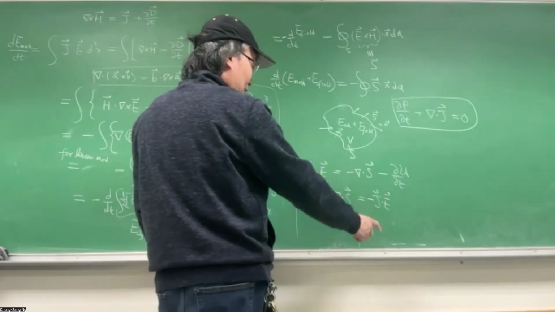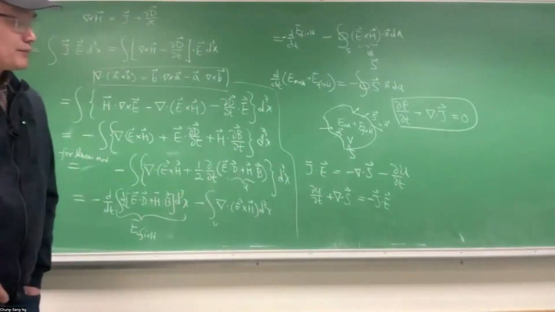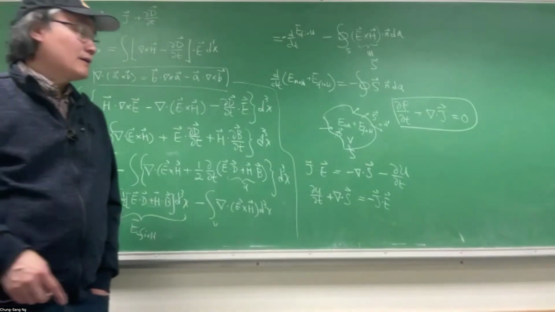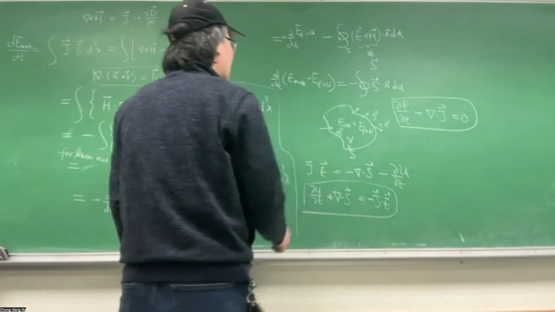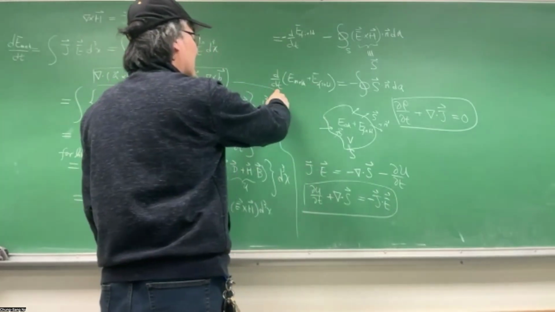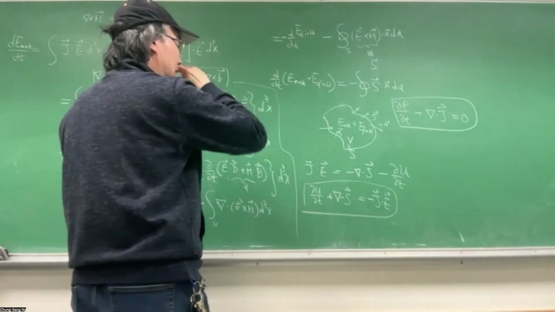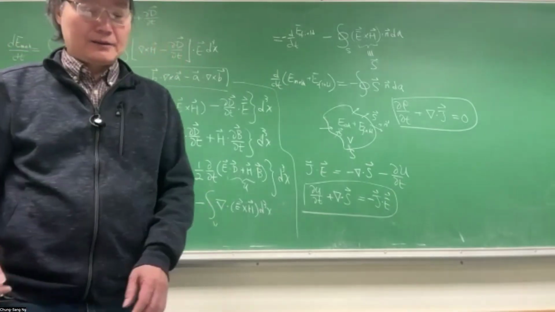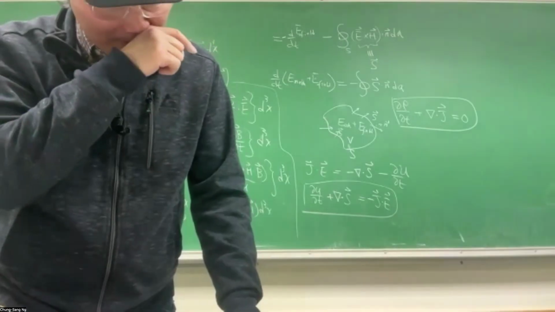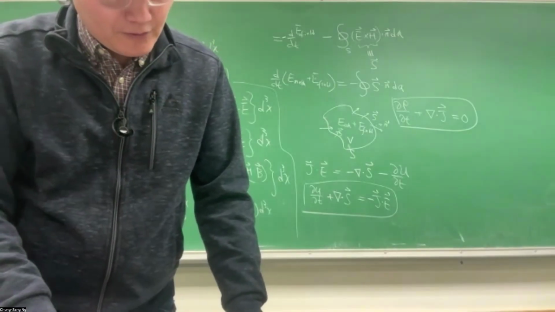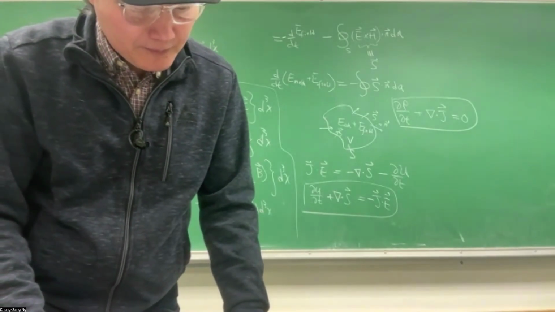If it's positive, then energy will be added to the field. Okay, so this is a microscopic equation. This will be your macroscopic equation. Okay, and so that would be all of the conservation of energy equation.